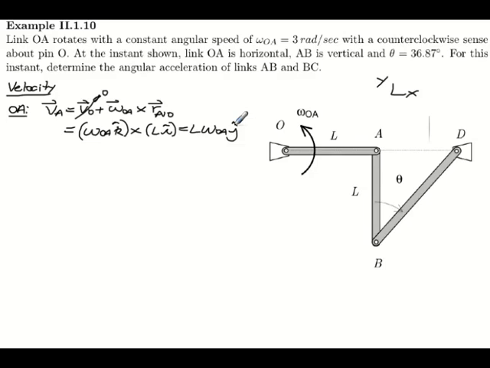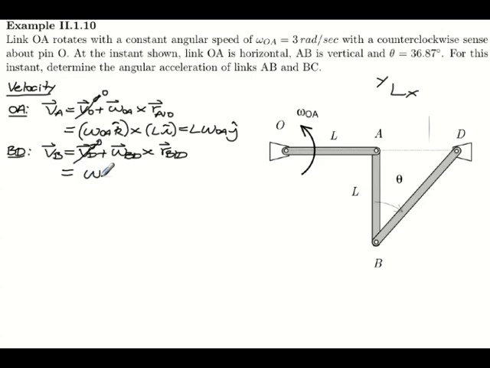Then for link BD, I'm going to say the velocity of B is equal to the velocity of D plus omega BD crossed with the vector which extends from D to B. D is a pin to ground, so that's a 0.